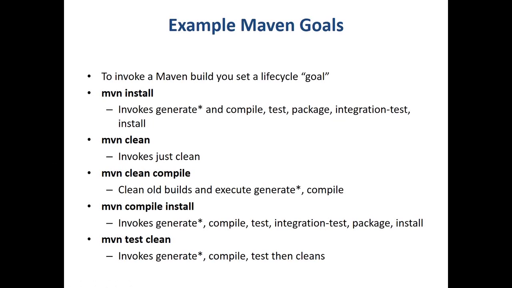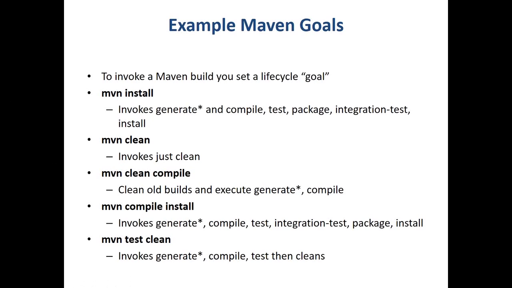Now, if you want to pass more than one goal, like passing it as clean space compile, now you are giving two goals to Maven. So what Maven will do is, it will first execute clean. And when it is executing clean, we now know that there is nothing it has to do specifically. Correct? So for clean, it will actually delete.